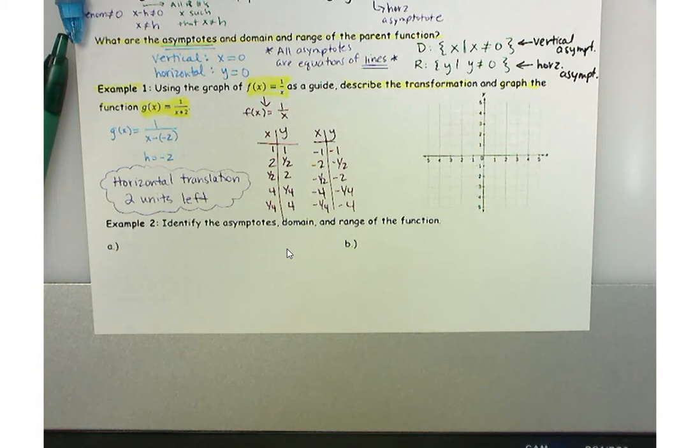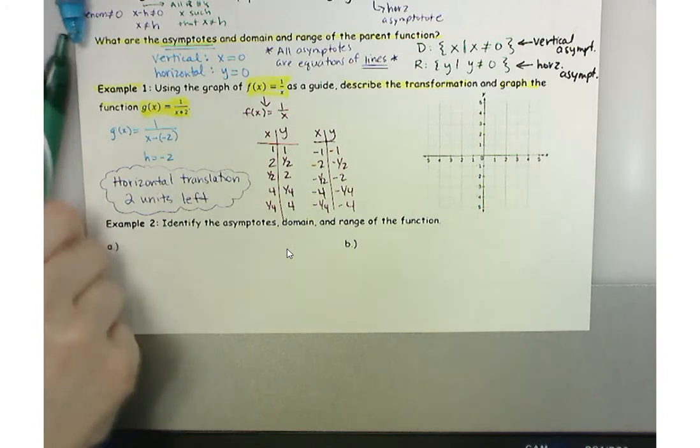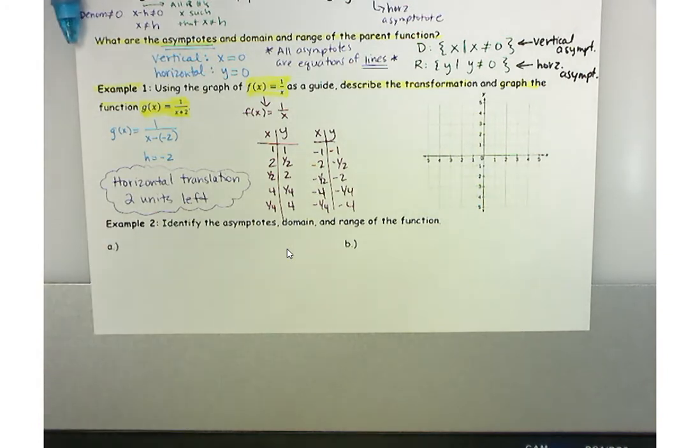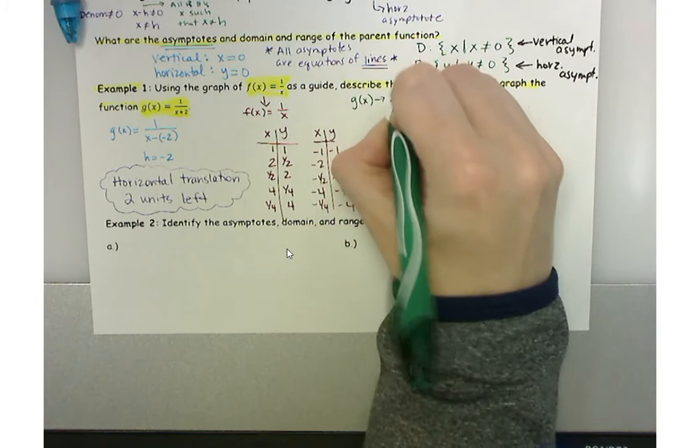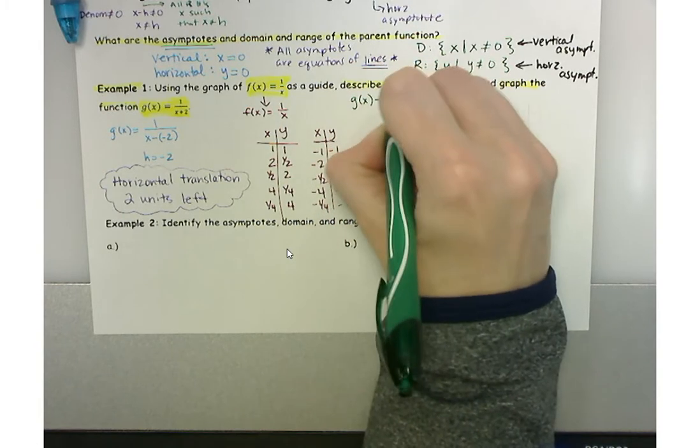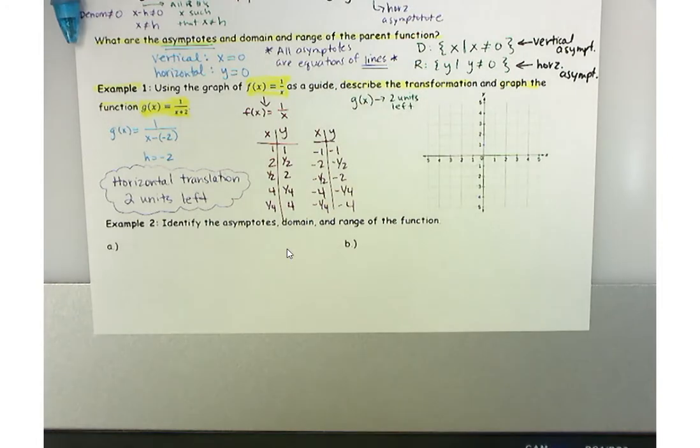Okay, we should also think about what our asymptotes are going to be. So for the vertical asymptote, that's going to be x equals h. Remember, our h value is -2. So x is going to equal -2.